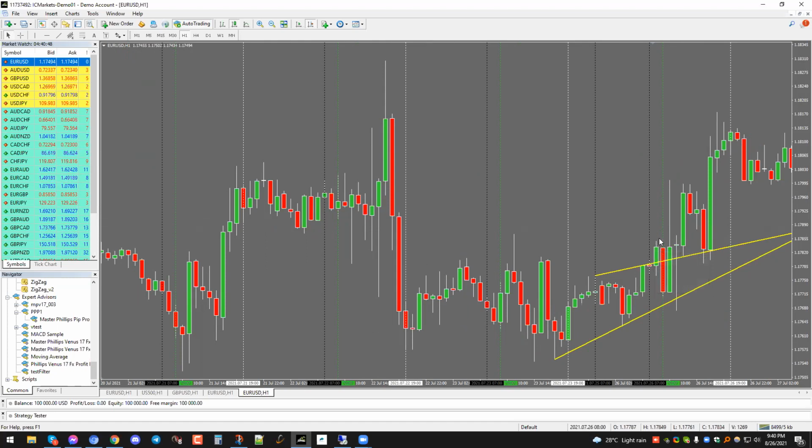If it broke out and closed below, we could have been getting a breakout to the downside. In this case, I'm looking at this as a bearish formation, and as you can see, price closed back above this pattern. So I would not be looking to go short because the price closed outside.